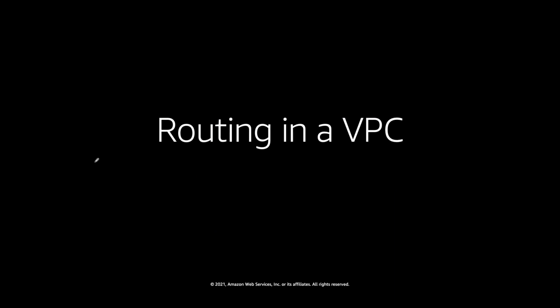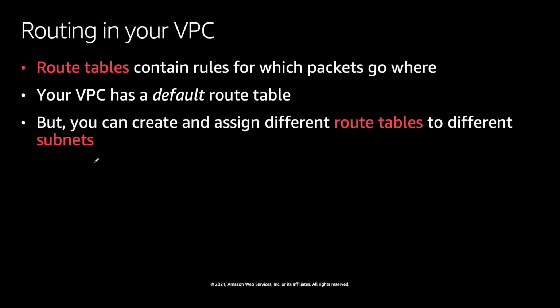So now we talked about VPC, we talked about subnets, and we also touched upon IP addresses. Now the next important thing is how a packet flows within a VPC. That's what routing is in a VPC.